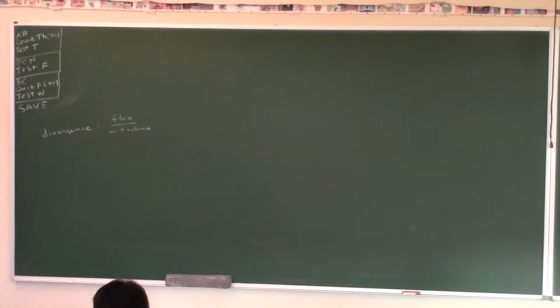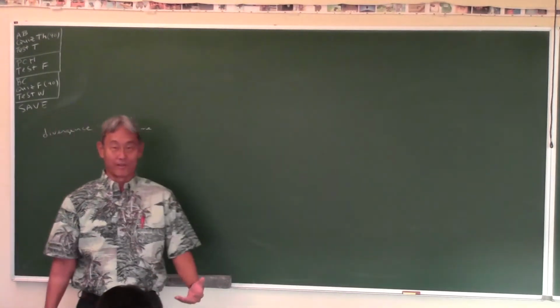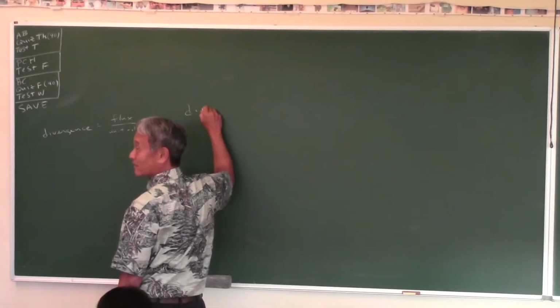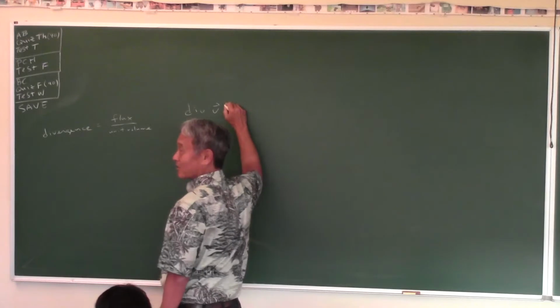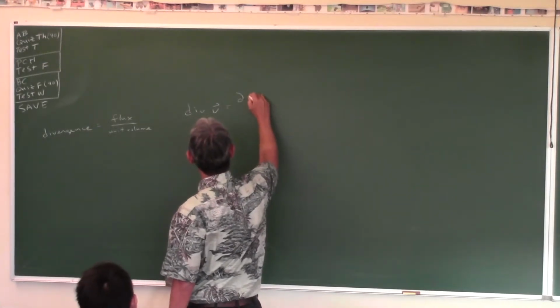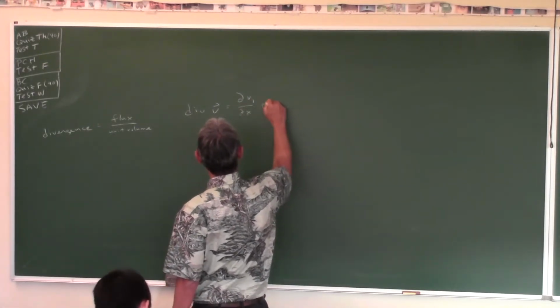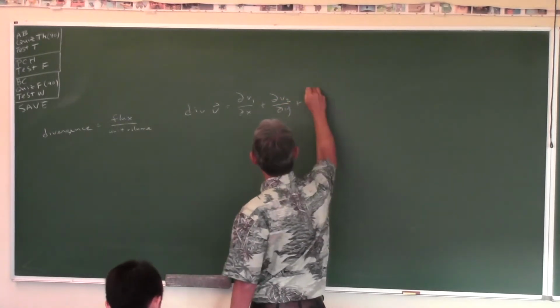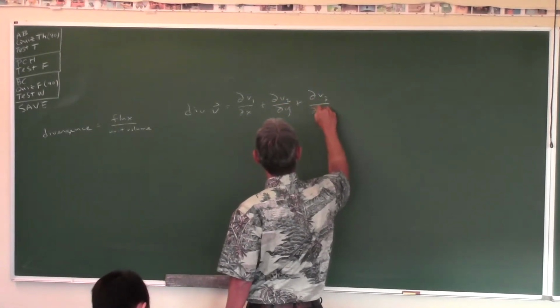So if you have a vector field, you're given a vector field, or it could be any kind of force field, magnetic field, or whatever. To compute the divergence of this vector field, look what it says. Take the partial of v1 with respect to x, plus the partial of v2 with respect to y, plus the partial of v3 with respect to z.